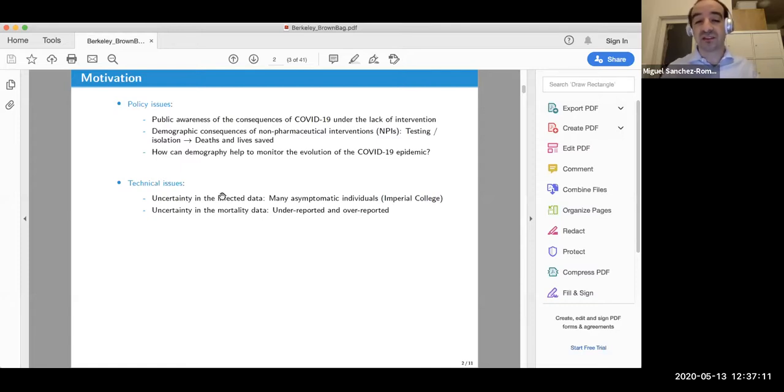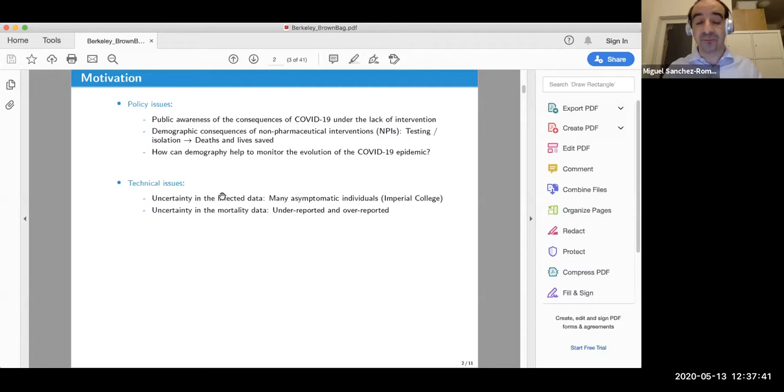The first thing, as Patrick was mentioning, is that the number of cases, so the infected people, is highly underreported, and this is caused by the fact that there are many asymptomatic individuals. This was already shown by many reports by the Imperial College. Now, what we have done is to try to replicate the evolution of the total number of deaths.